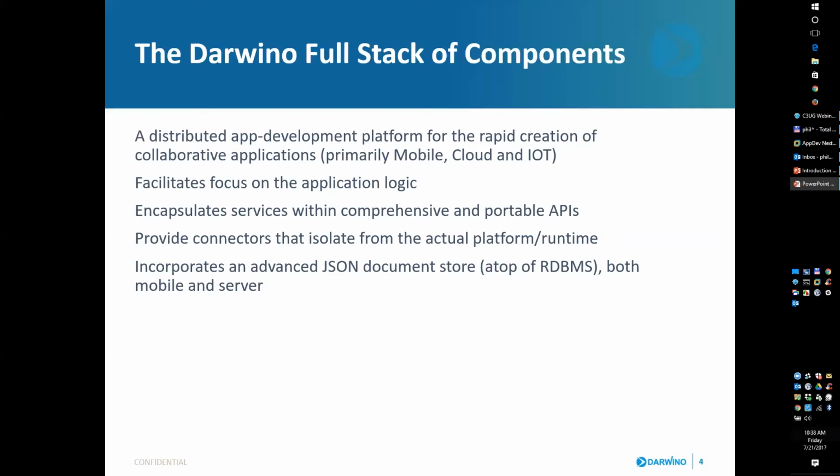All these features are normally not available to a JSON document store. If you compare to MongoDB or Cloudant, they don't have these capabilities. Our DBMS has that. Plus, it has really superior scalability and performance.